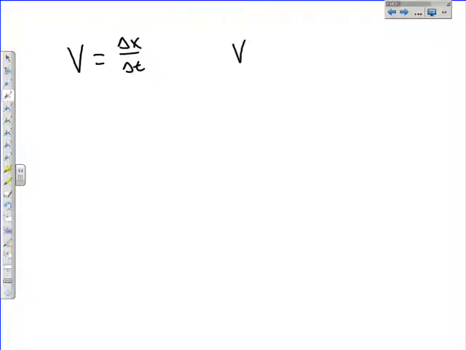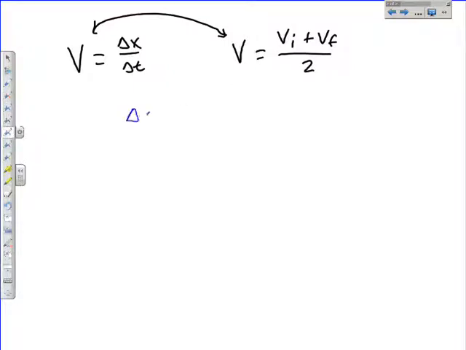The second one is equal to Vi plus Vf divided by 2. If we know the initial velocity and the final velocity, we add those 2 together, divide by 2, and that gives us the average. These 2 are exactly the same thing, the average velocity. If we have 2 equations that contain the same variable, we can set them equal to one another. So that's what I'm going to do now.